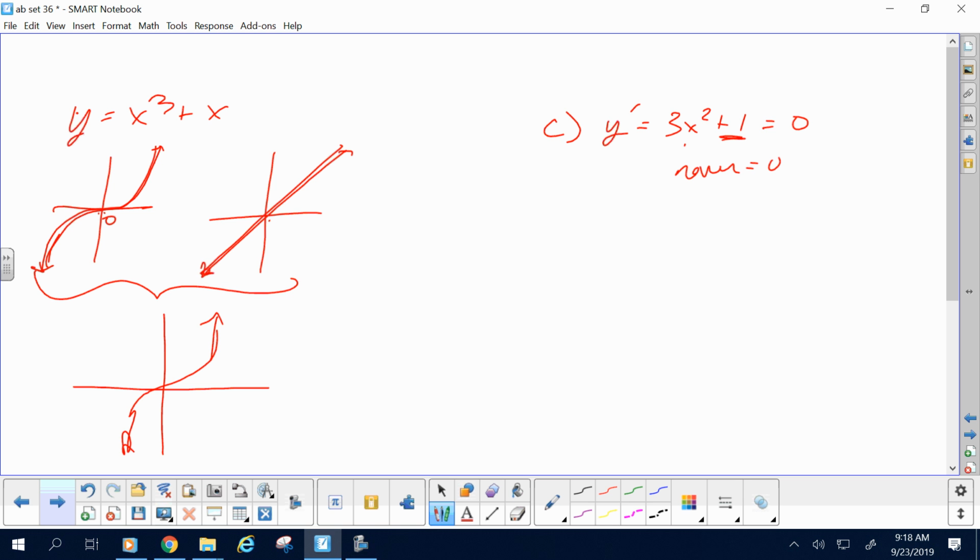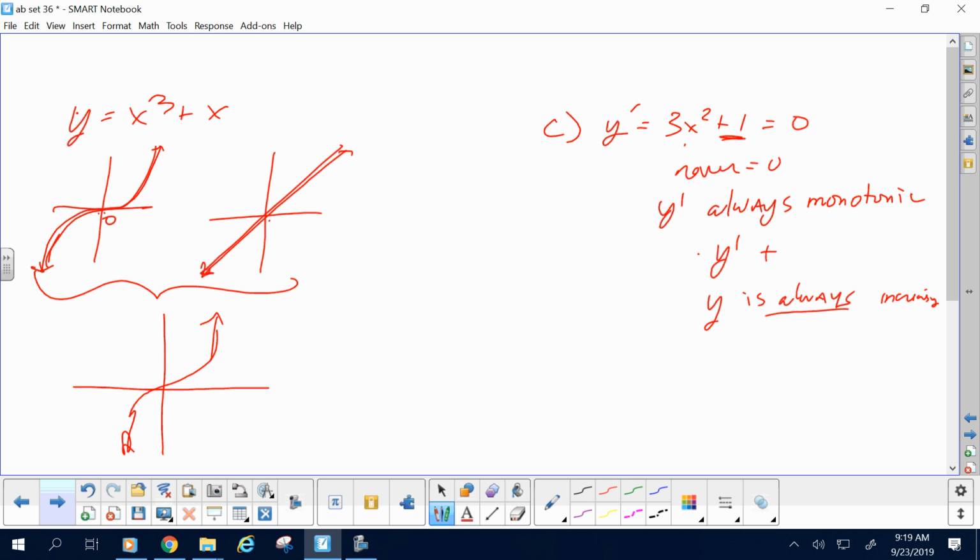If you try to solve that, it's imaginary solutions. There's no zeros to this. That implies that y prime is monotonic, one sign. Question is, is it always positive or always negative? It's always positive, and therefore y is always increasing.